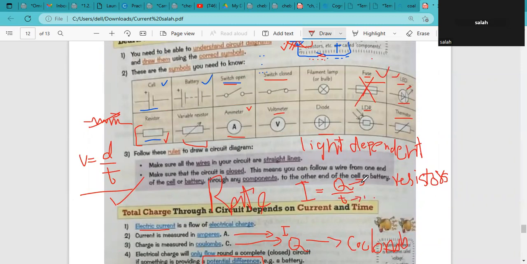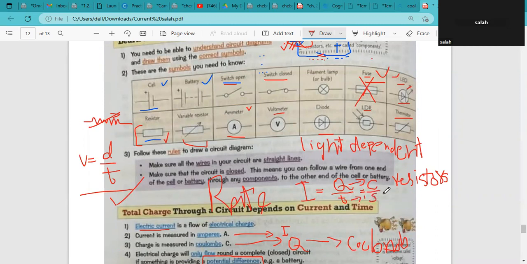As I told you, the unit of charge is coulomb, and the unit of time is seconds.